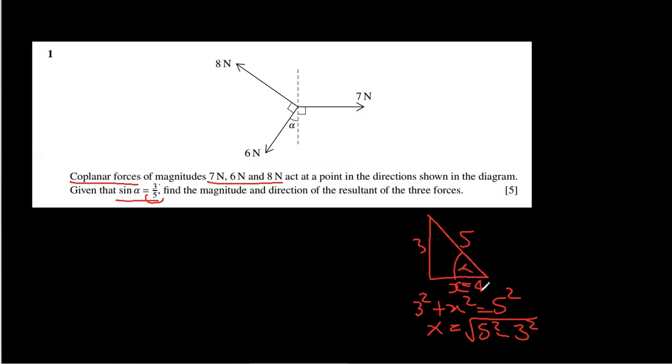Next thing is the forces which are inclined, they will be broken into components. This 8 Newton is inclined, but we don't know the angle. 6 Newton is also inclined, and we know the angle. Wherever is the angle, that component becomes the cos component: 6 cos alpha.